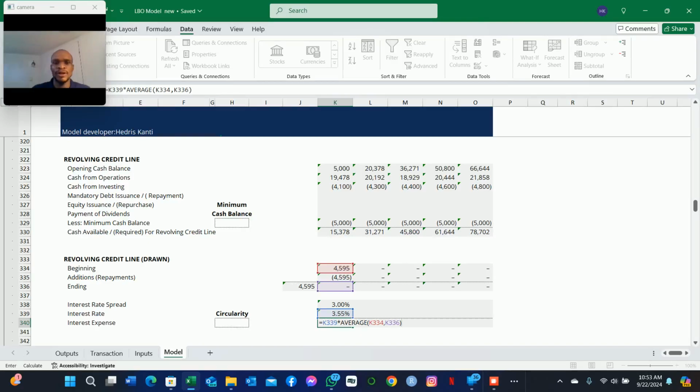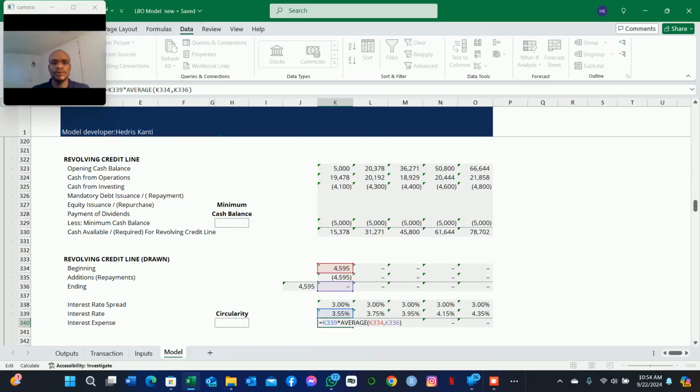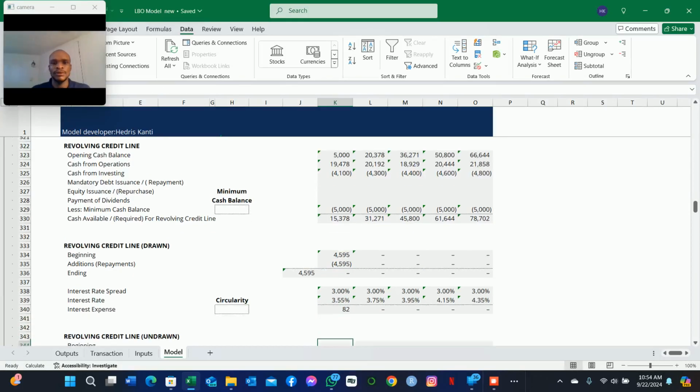So we have that set up, and then we can press enter. Now we can take this and fill it right with Control R. So we have it set up there for us.